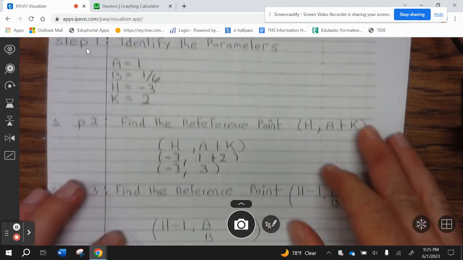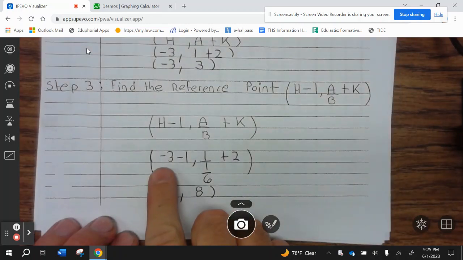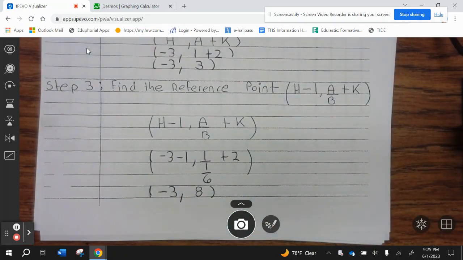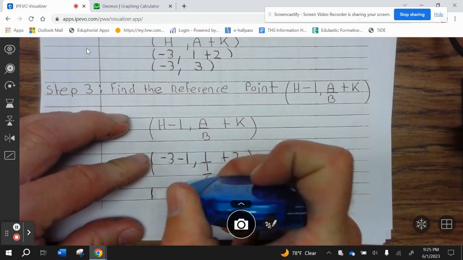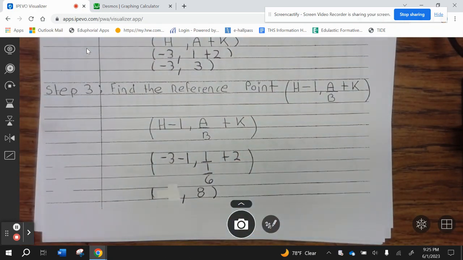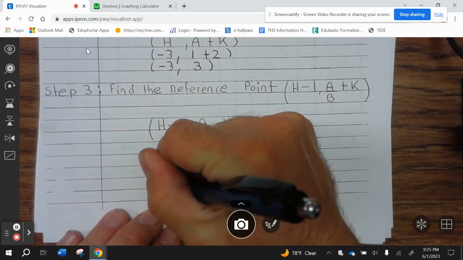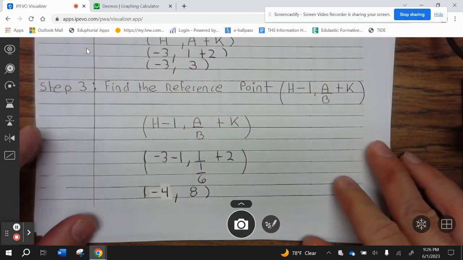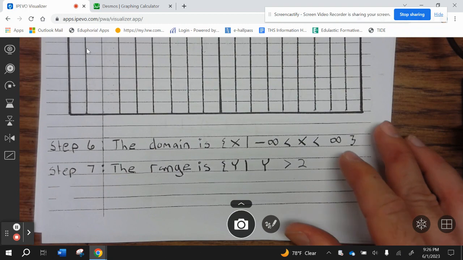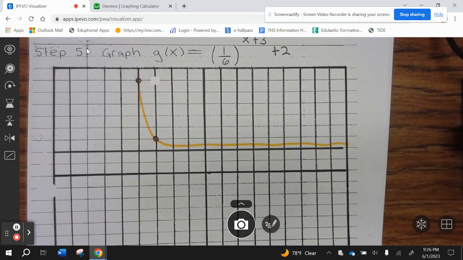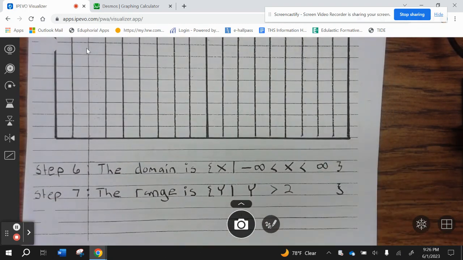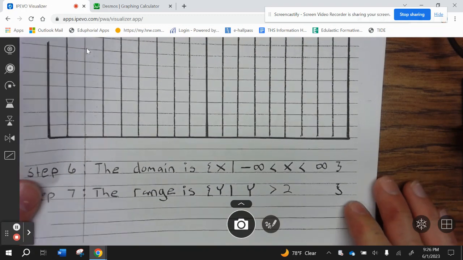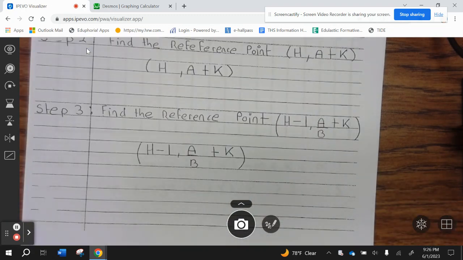So real quick though, you can see that negative 3 minus 1 isn't negative 3, it's negative 4. Okay, so that's fixed. The graph is correct. The domain is negative infinity to positive infinity. The range is y greater than 2. Let's take a look at the next example.